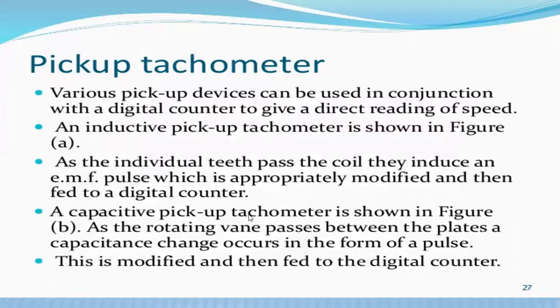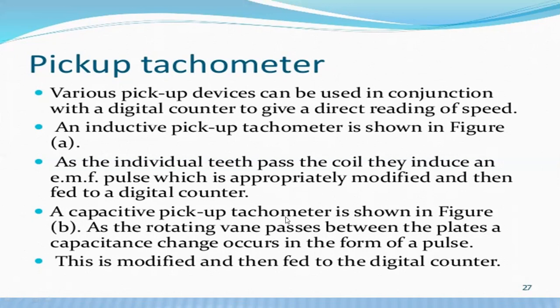And next one, as the individual teeth pass the coil, they induce an EMF pulse, which is appropriately modified and then fed to a digital counter. A capacitive pickup tachometer is shown in the figure. As the rotating vane passes between the plates, a capacitance change occurs in the form of a pulse.